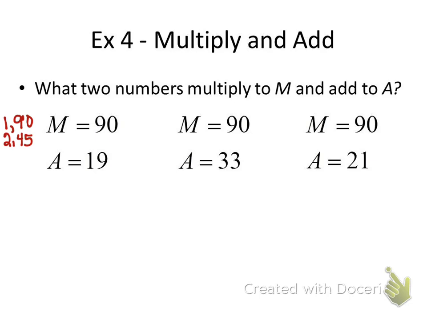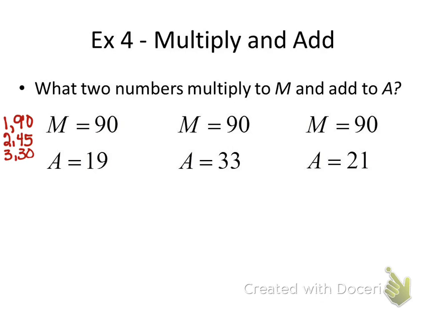Okay? 3 times what gets me to 90? If you don't know, take 90 divided by 3 and you'll get 30. So 3 times 30 will get me to 90. 4 times what will get me to 90? Take 90 divided by 4 with your calculator for now.